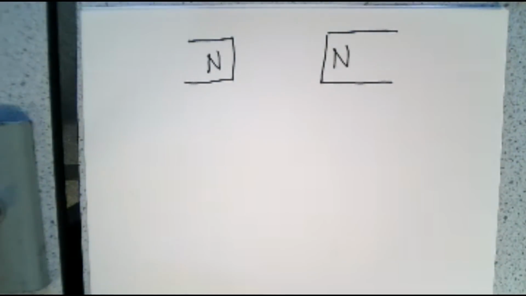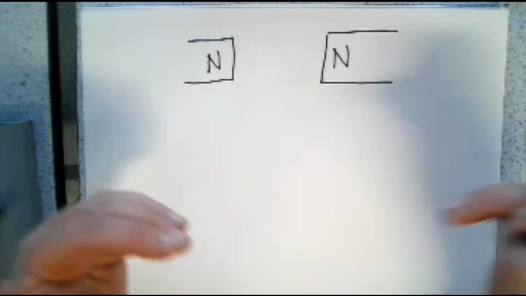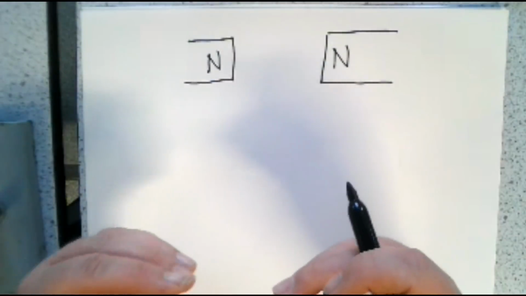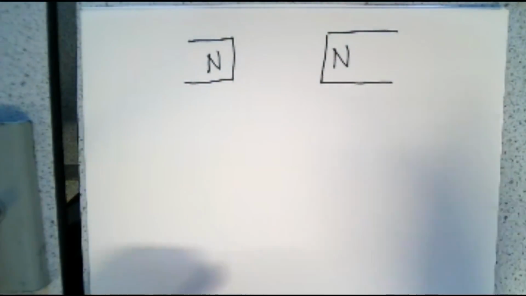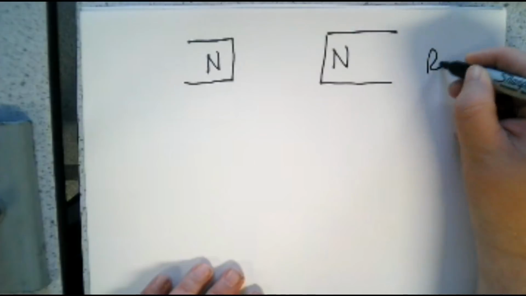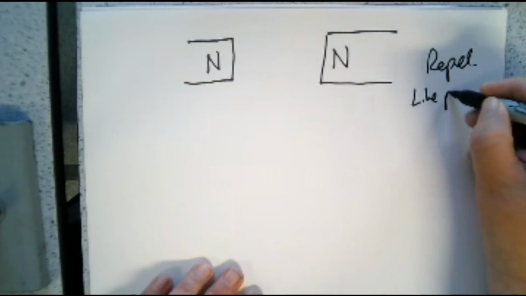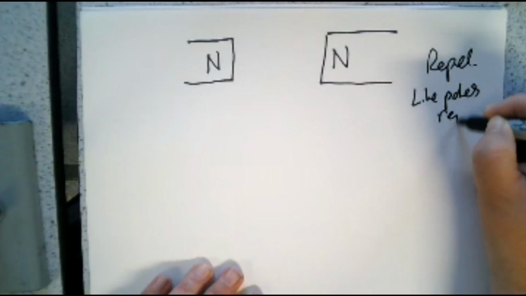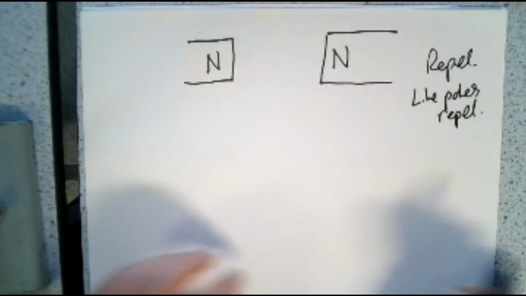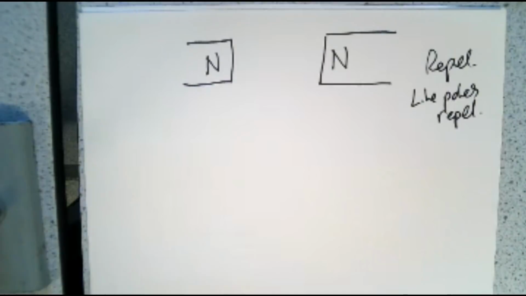We know that when we push two north poles of a magnet together, they push each other away. They repel, because like poles repel. You could be asked to explain how that happens, because there's nothing physically pushing them away, because we have these mysterious non-contact forces.